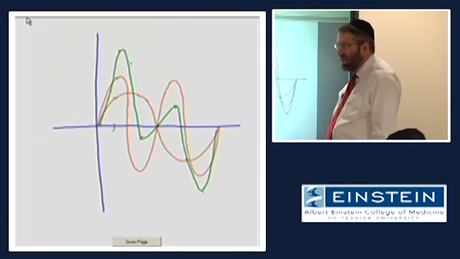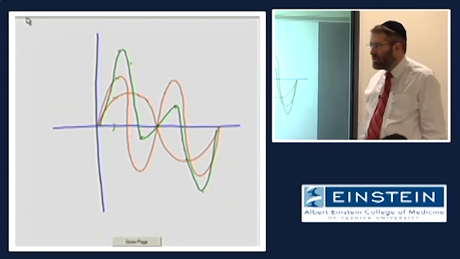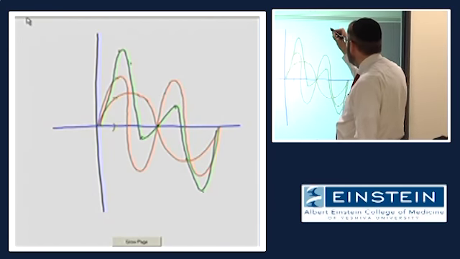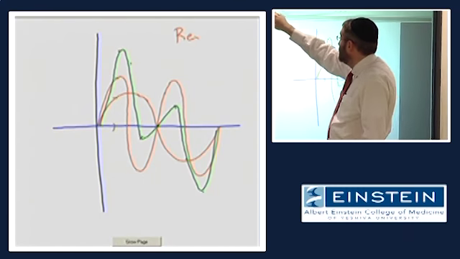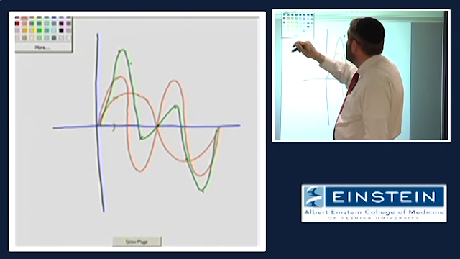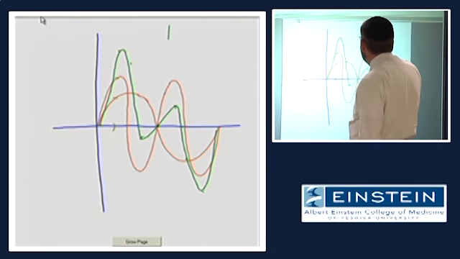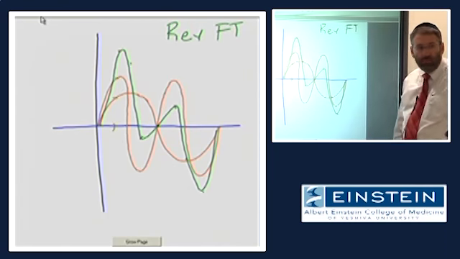Adding up sine waves, just like everyone must have done at some point in some math class. We'll be consistent: this is called a reverse Fourier transform.